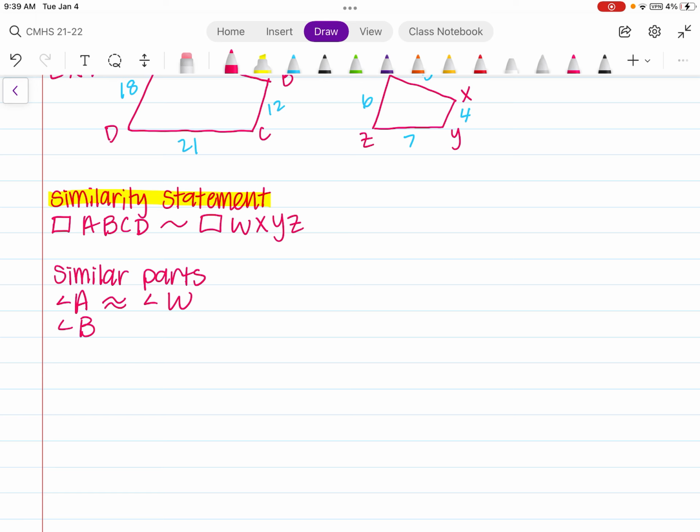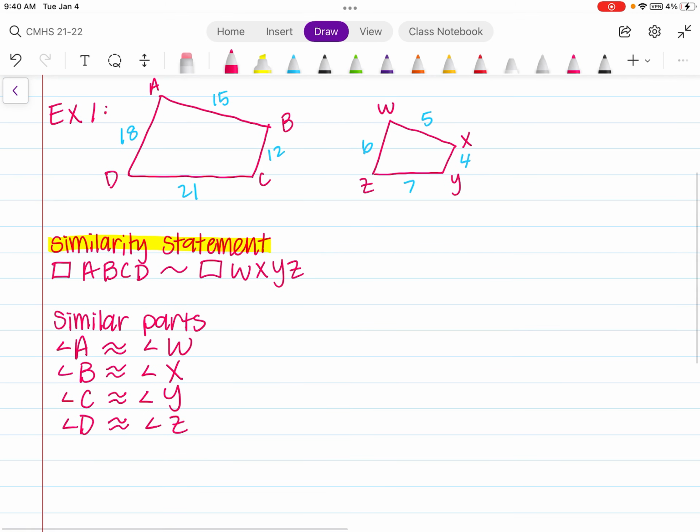Angle B is congruent or similar or whatever to angle X. Let's do them all. C to what? Y. And D to Z. So if the instructions ask you to list it all out, that is how you're going to do that. Oh, I like that too, because why not?